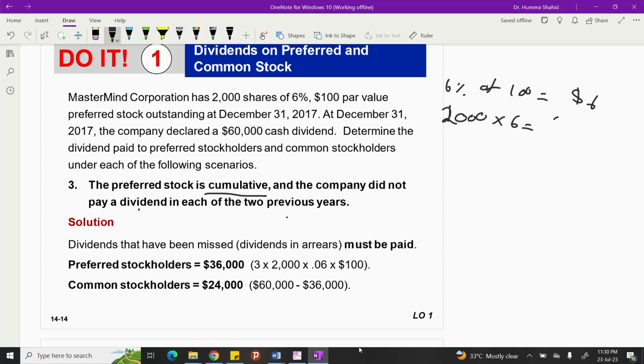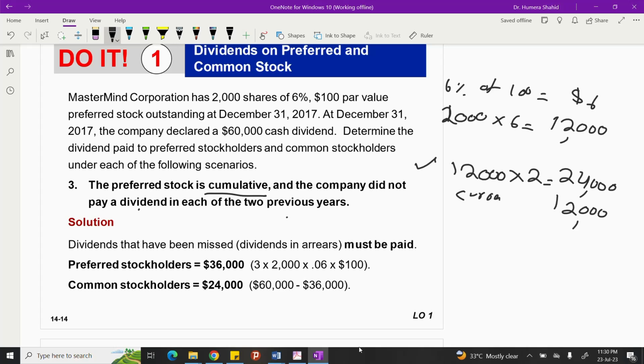So the preferred stock has a dividend of 12,000 per year. Previous 2 years is arrears. So 12,000 multiplied by 2, that is 24,000 is arrears. Remaining 12,000 is for current year, means these are previous 2 years and the current year also they want 12,000. So altogether they want 36,000 dividend.